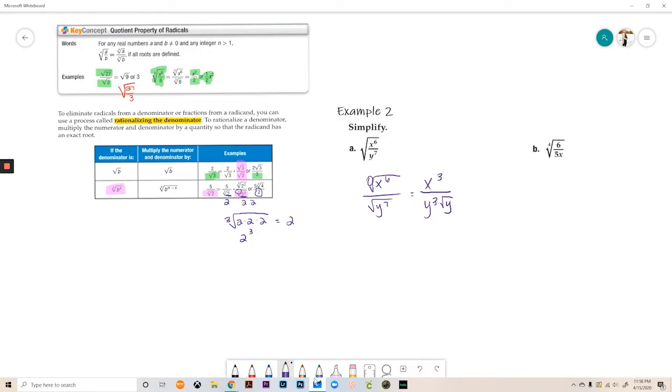Luckily, though, it is just a square root of y. So in order to rationalize the denominator, I could multiply both top and bottom by just square root y. So then I've got an x to the third times square root y on the top. These two right here turn into just y, which y to the third times y is going to be y to the fourth on the bottom.